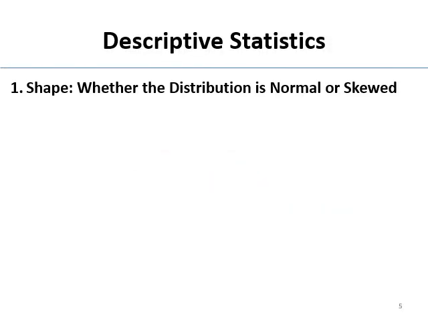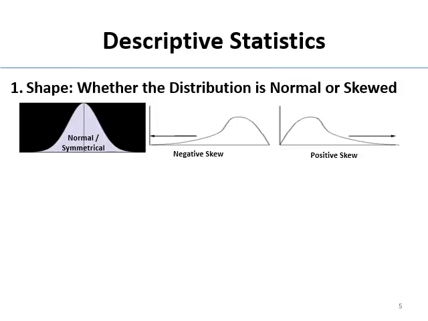So in terms of shape, we want to know whether the distribution of scores is normal or skewed. So here are three different distributions. The one on the far left is what we call normal or symmetrical. It's a mirror image from left to right down that middle line. The distributions to the right are negative skew and positive skew.